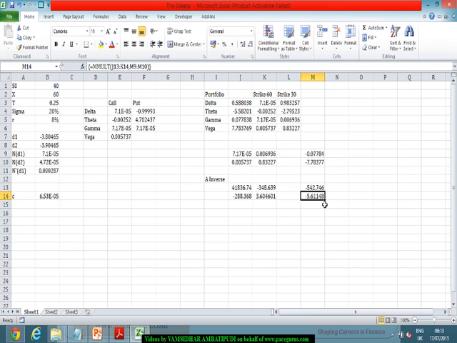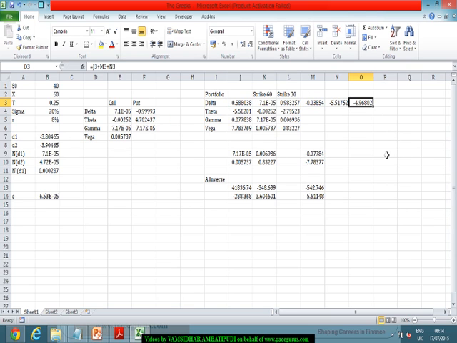And based on this, now if I go like that, what is happening to my delta now? The delta of the portfolio, this into this, so this became minus 0.03, and this number times this, the delta has become minus 5.5. So overall the portfolio delta now is this plus this, which is resulting in minus 4.96.